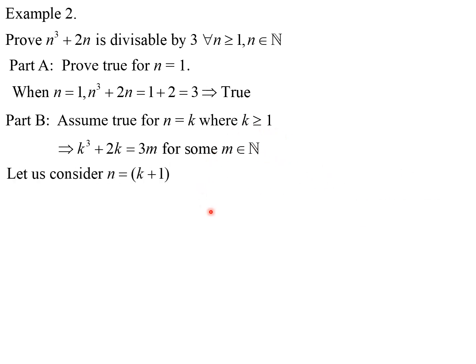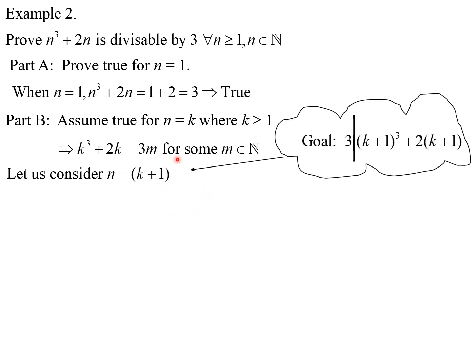Next, we need to consider the third successive value, which is k plus 1. When we substitute n as k plus 1, it means it's a multiple of 3, so there's a 3 here, and n becomes k plus 1 cubed plus 2 times k plus 1.